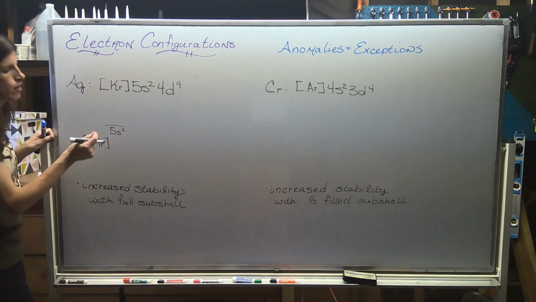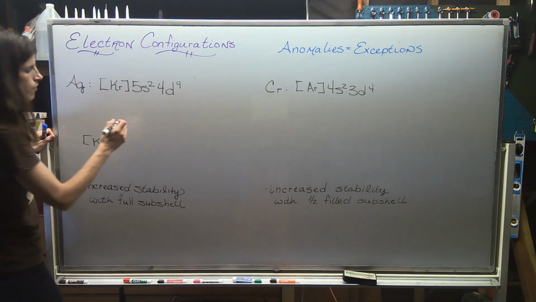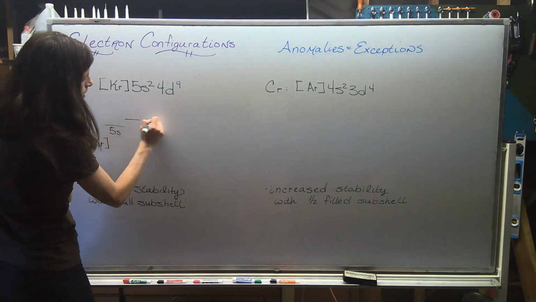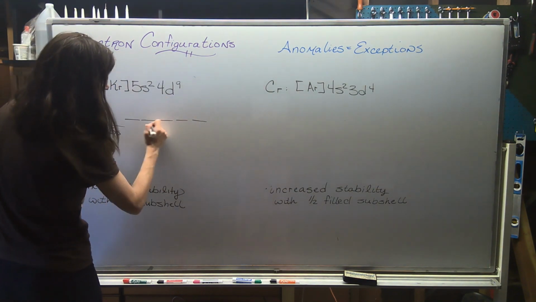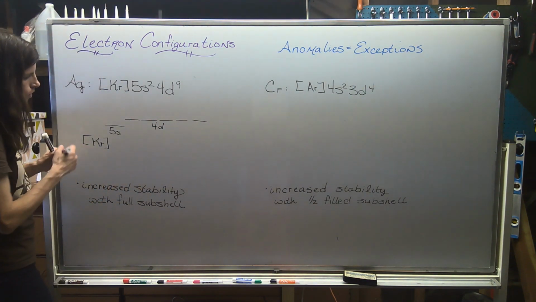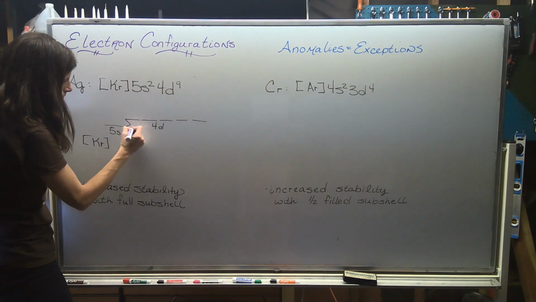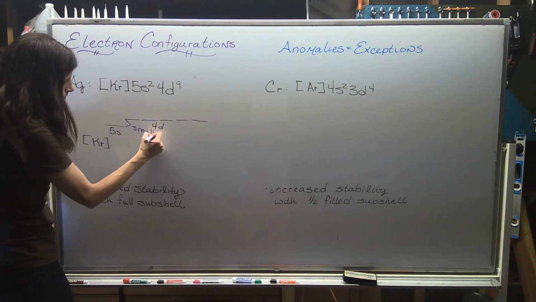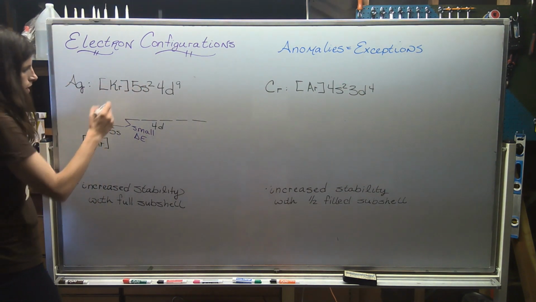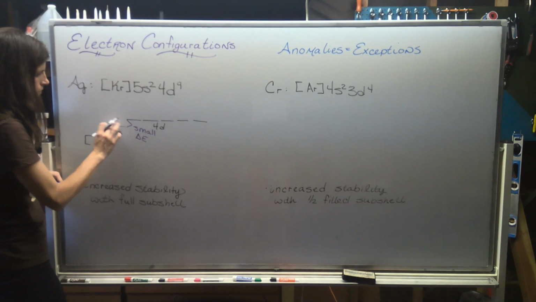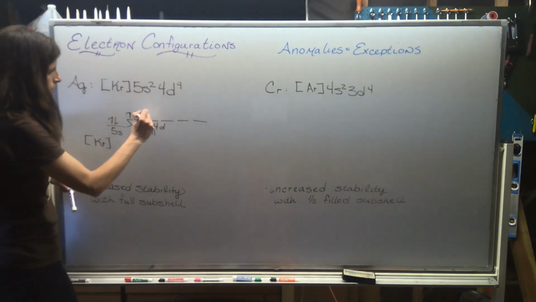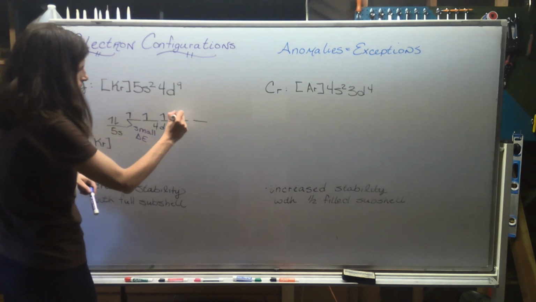And if you take a look at your energy diagram, the energy difference between 5s and 4d is not that significant, right? So we have a very small energy difference. I'm going to put my 2 electrons here, and then my 9 electrons in the 4d.